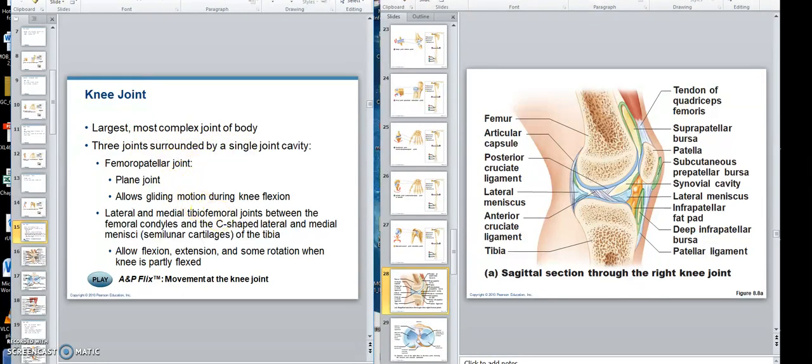And right here, you see you have bursa, we talked about. Something we hadn't talked about was the meniscus. The meniscus is like a pad that helps those articulating bones fit more congruent.